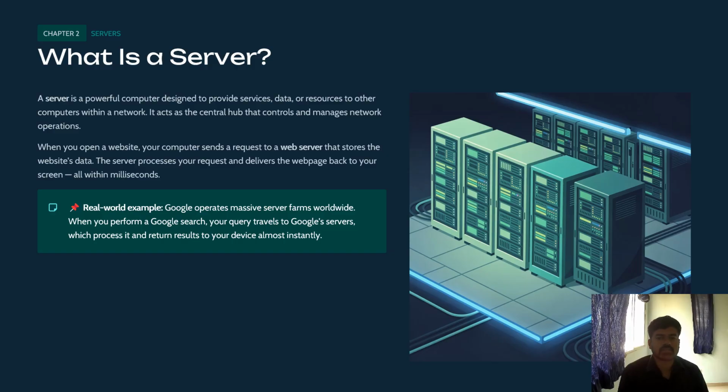Then the server processes it and sends the response back. For example, when you use Google search, your request goes to a server managed by Google. So remember, server gives services, client receives services. In a college computer lab, the main computer that controls student systems is usually the server.